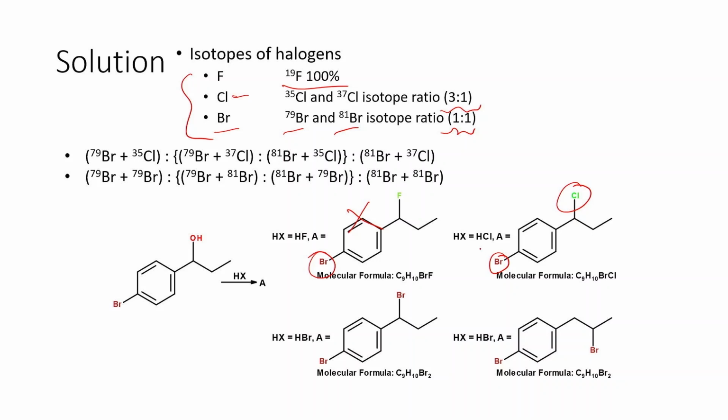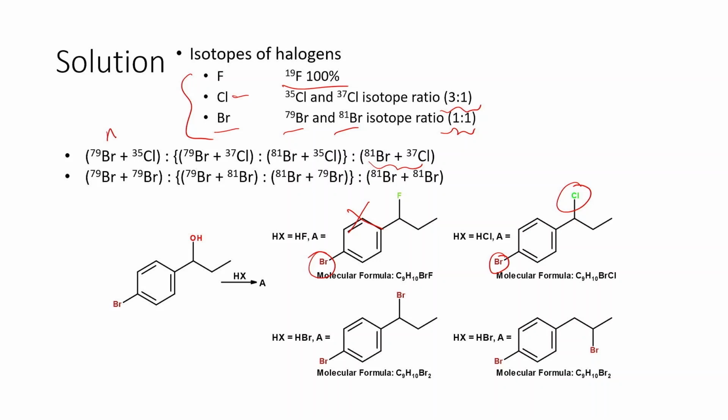The other one is bromine 81 and chlorine 35. So these 2 will have the same mass value, which is M+2. And the last one is where both halogens have the higher isotope, that is 81 and 37. That will be the M+4 peak.